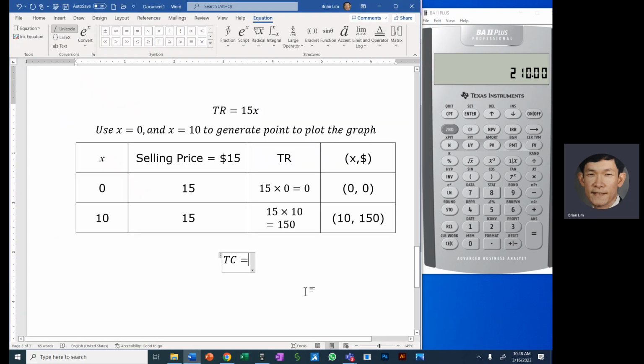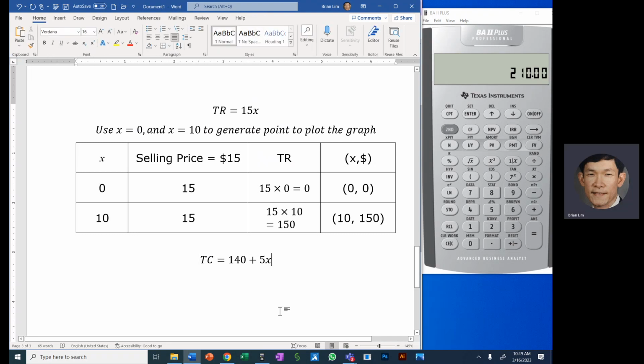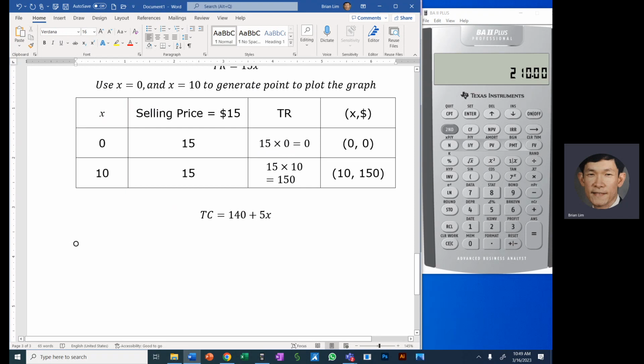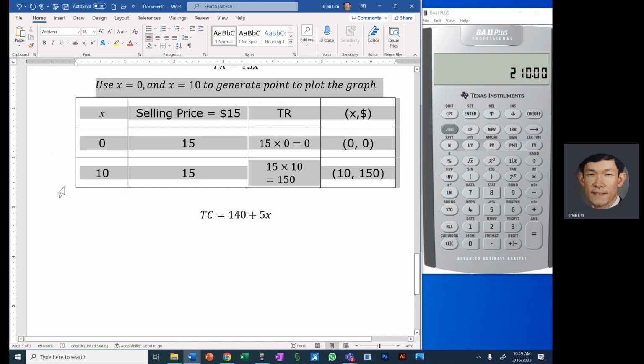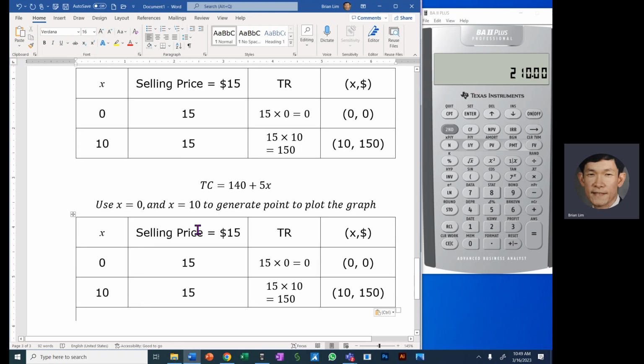So we come back in here and we go 140 plus 5x, correct? And now we can actually go and generate another table that looks like this one right here. And we can use the same values. So why don't we just copy the whole part of it, and then we just drop it in there.